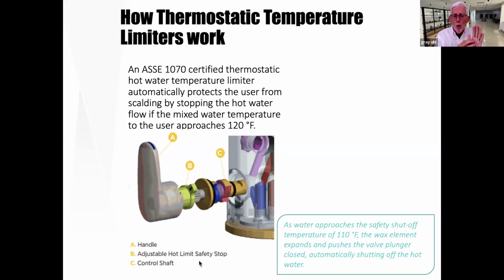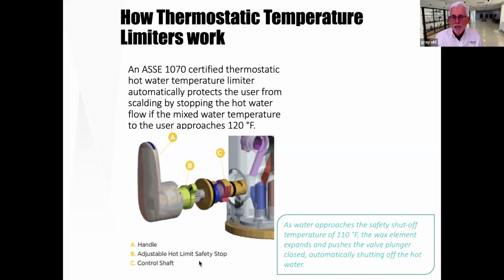The way a thermostat works, it's a wax element, and the wax reacts to changes in the water temperature. What happens is the wax expands as the water temperature increases, and it contracts. It expands, which reduces how much hot water is coming through the faucet, and it'll expand to the point where it completely shuts it off.